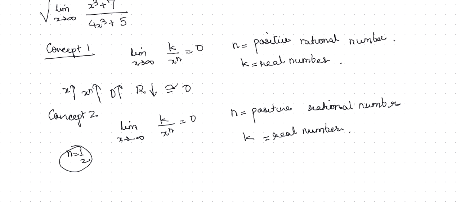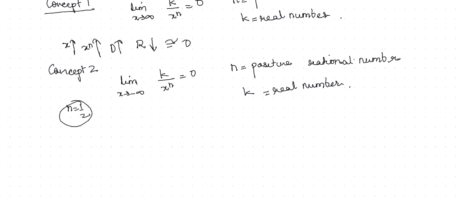The sign of k will not affect the answer, because whatever the sign of k, we have a constant divided by a very large number, which gives a very small number. Larger x results in a smaller fraction closer to 0.